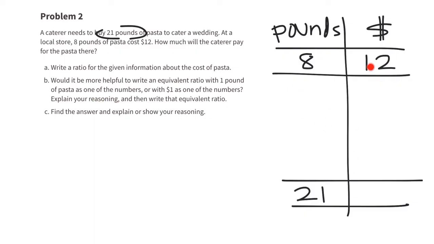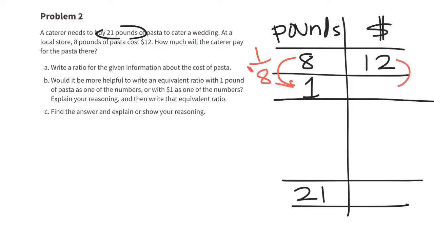Or should we do $1 as one of our values? And since we're trying to get the pounds to be 21, it's really going to be nice if we get the pounds to equal 1. So how do you go from 8 to 1? You multiply by 1/8. So what are we going to do with our 12? We're going to multiply by 1/8.